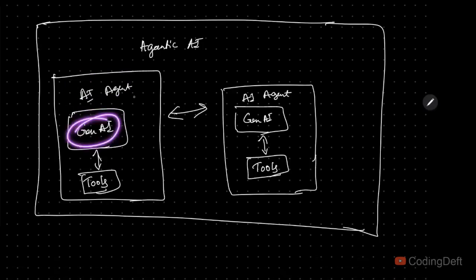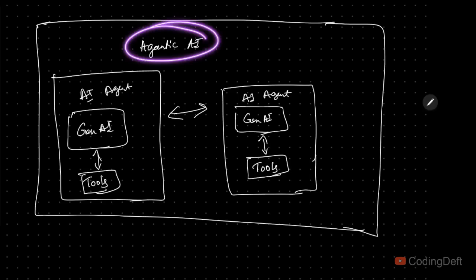AI agents can use both Gen AI as well as tools like API calls, databases, reading PDFs, or referring to the internet. So an AI agent can perform an action for us, and we can have multiple agents communicating with each other, using different tools to perform an autonomous common goal. That we call agentic AI. So that's it about agentic AI.